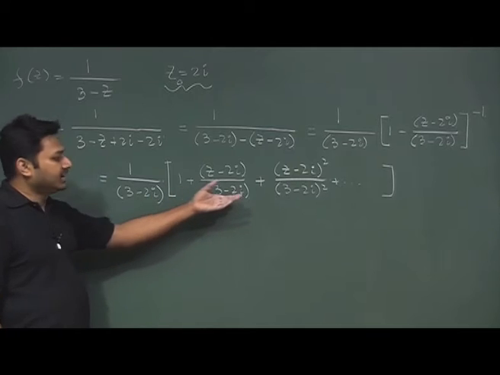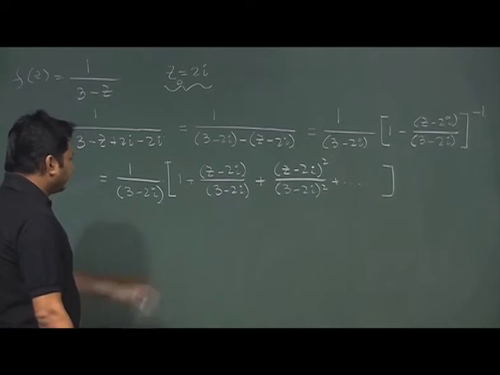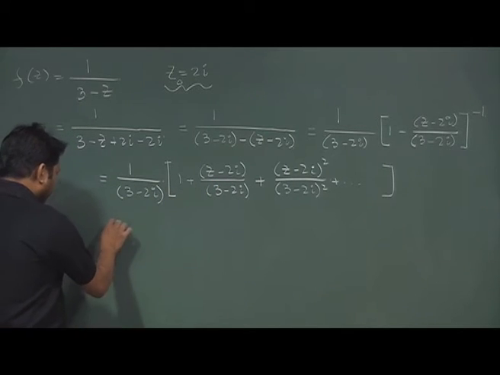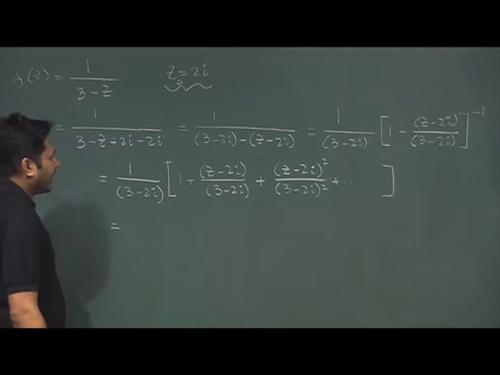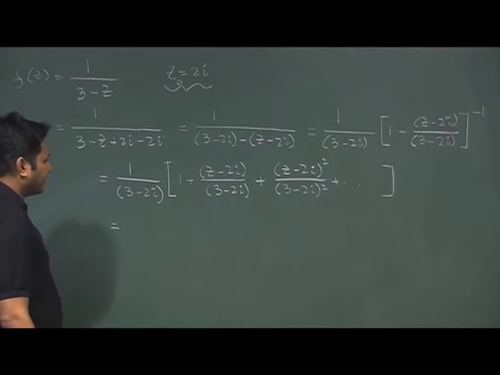I can expand this considering the fact that this is less than 1, and that condition gives me the idea of the radius of convergence.